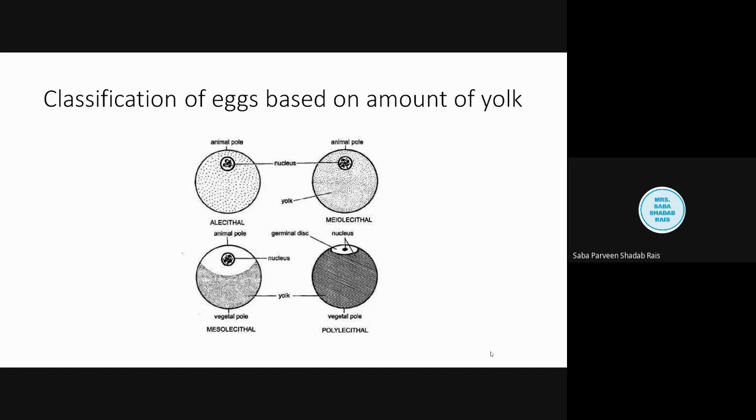The other category of amniotes that we have discussed is of two types: oviparous and viviparous. Oviparous is the one which lays eggs. Now, in the case of the amniotes, it should be a fertilized egg. Why?